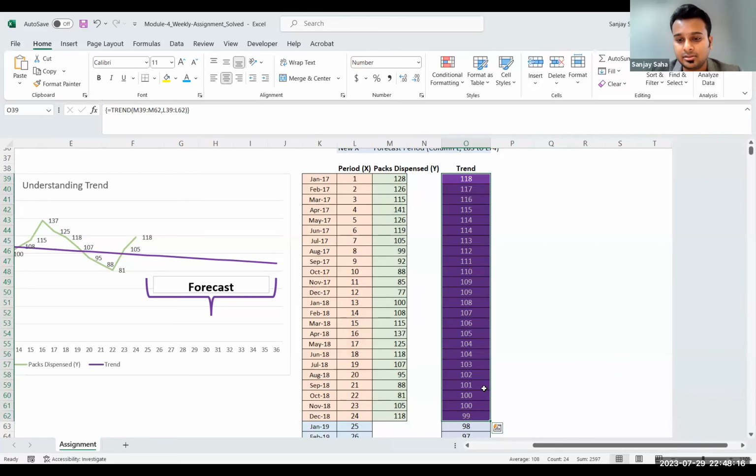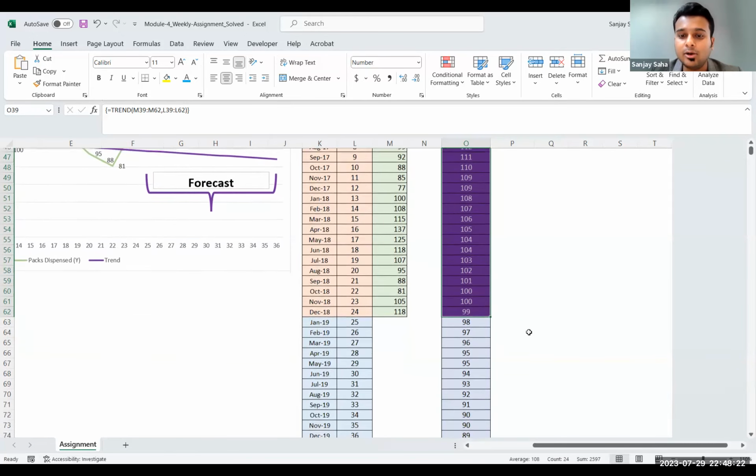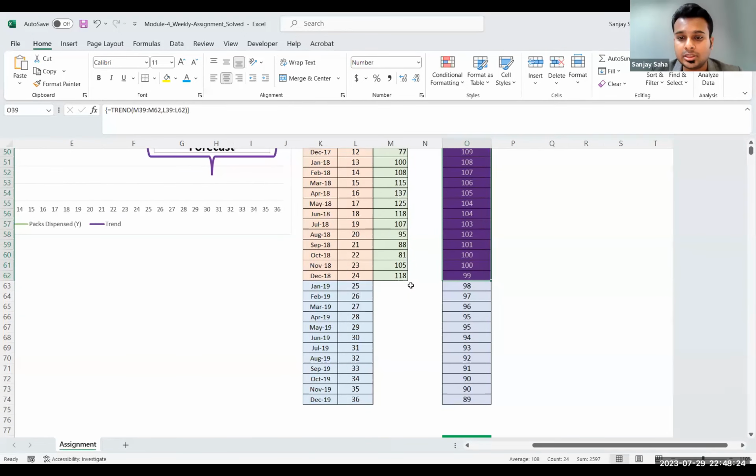So the entire area gets plotted with the trend line. Now, if we need the extrapolation of that trend line to cover the period for which we need the forecast, we select that area again and apply the formula again, this time with the new x where we want the data to be plotted.